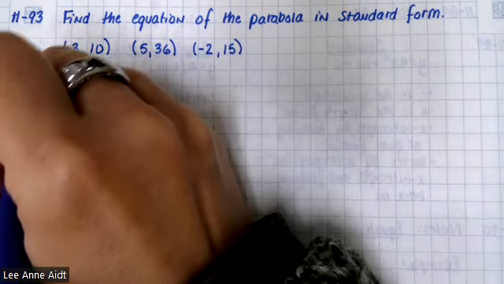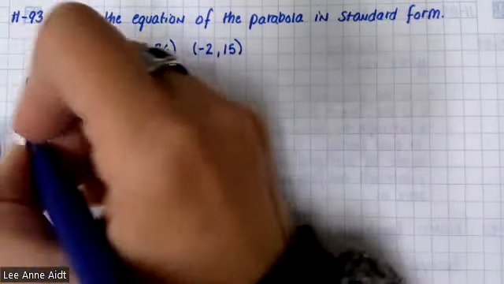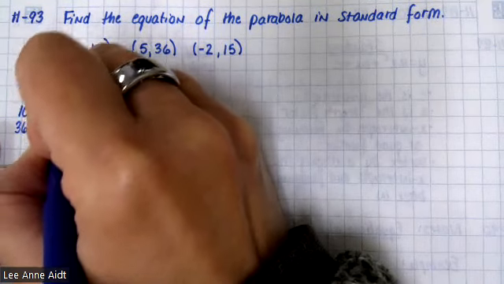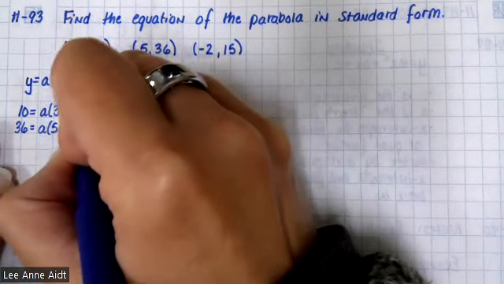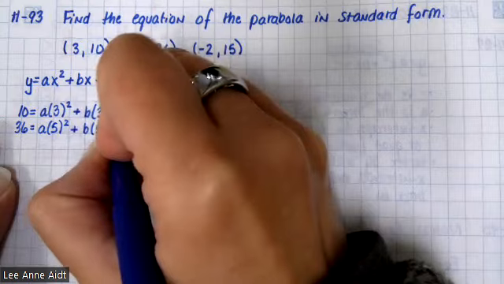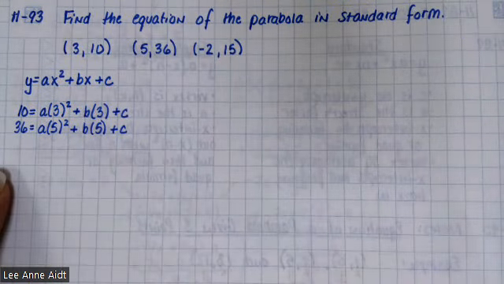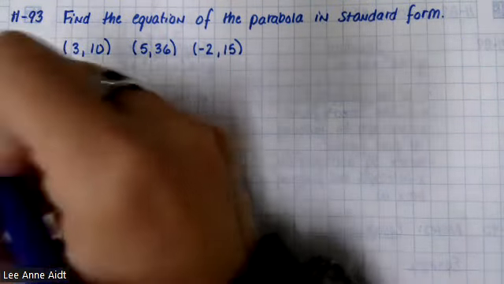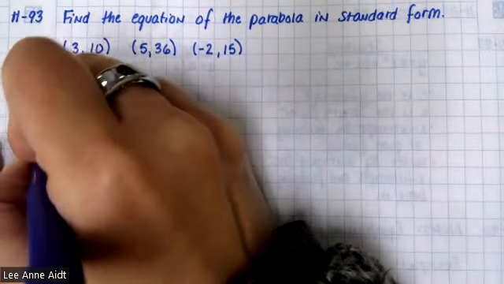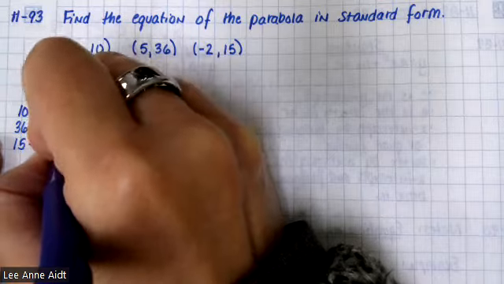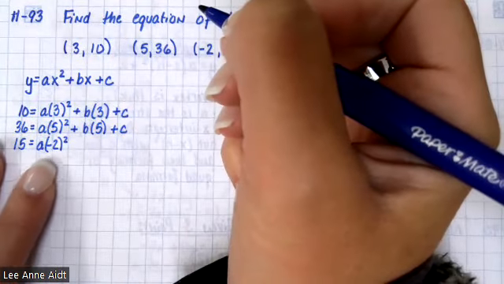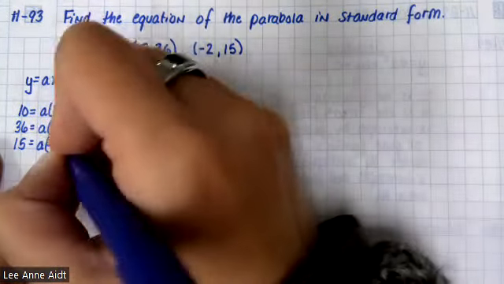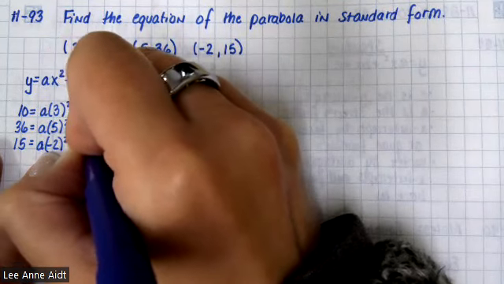Okay. 36 equals A times 5 squared plus B times 5 plus C. 15 equals A times -2 squared. Make sure to put parentheses there. We made it all year and still people are doing that wrong.